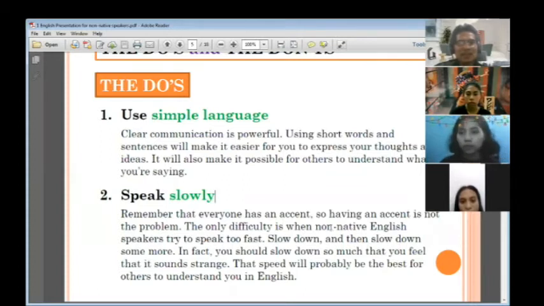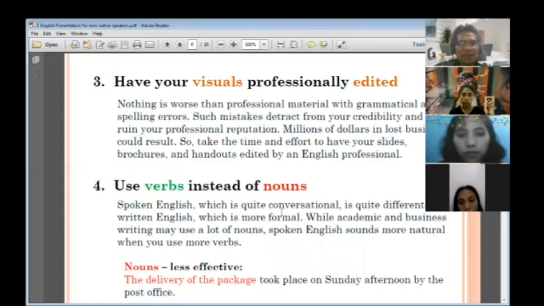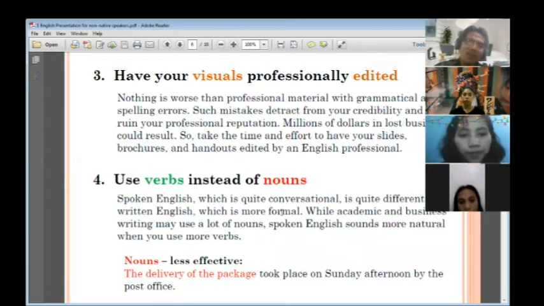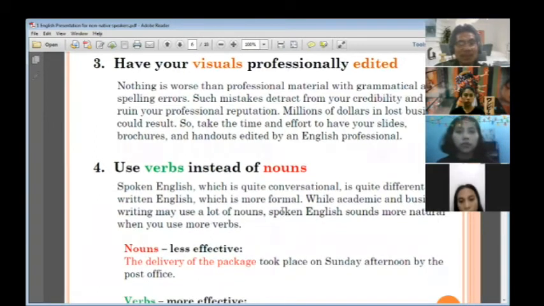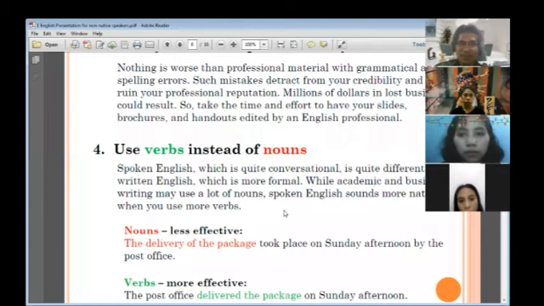Some of them are from Asia, some from Latin America, some from Japan, from non-native English areas. Therefore, you speak slowly. Not too slow, but at a normal speed.